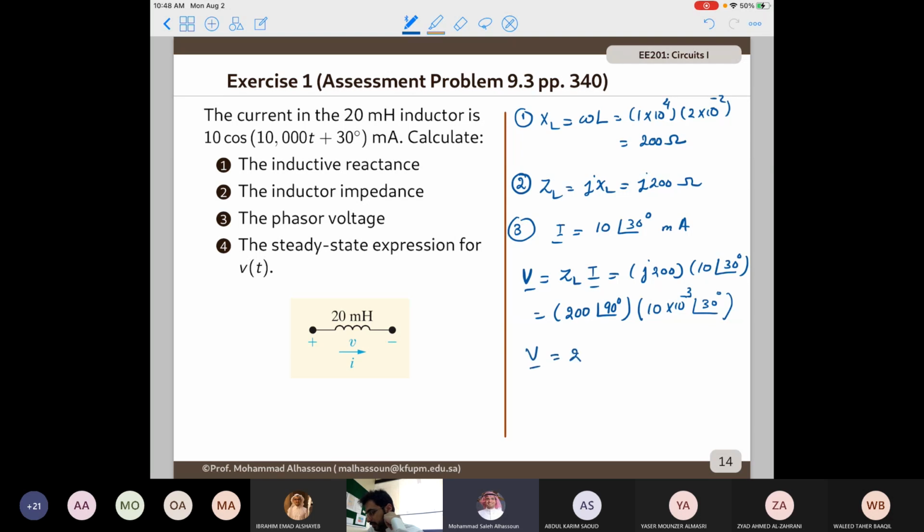So if I multiply them, I will end up with 2. Okay. So this is the phasor voltage.